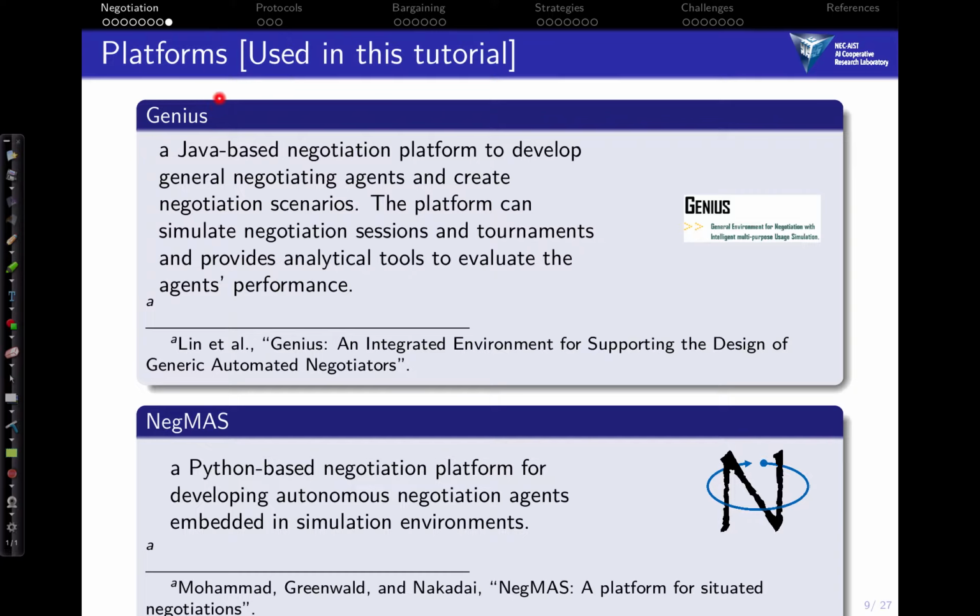And there is a newest version of it called Genius Web, which is the one used in the first league of the ANAC competition last year and this year. This is a Java-based negotiation platform. And there is also NegMAS. And NegMAS is a Python-based negotiation platform. I will use NegMAS in this tutorial just because I am more comfortable using Python instead of Java. Also, it's very easy to show things on it.